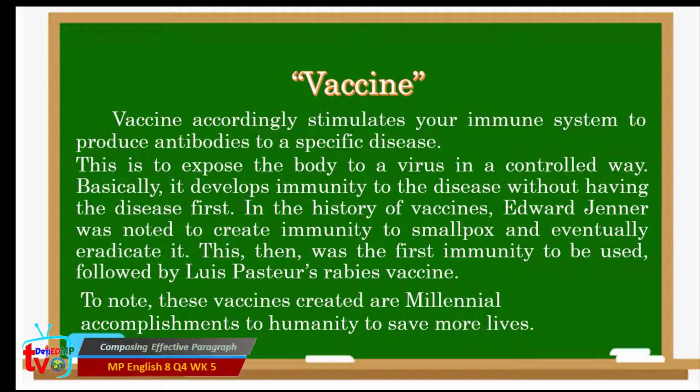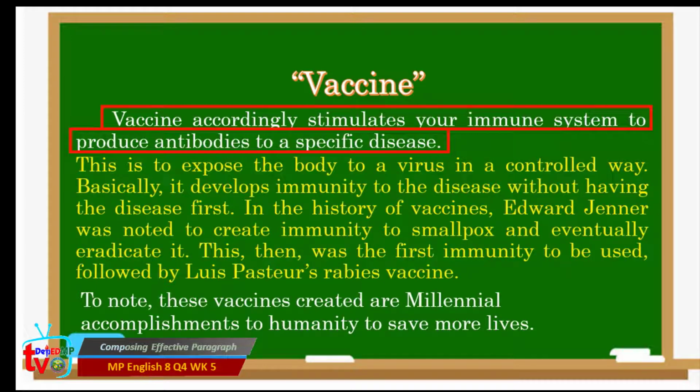The topic sentence is, vaccine accordingly stimulates your immune system to produce antibodies to a specific disease. The supporting sentences are, this is to expose the body to a virus in a controlled way. Basically, it develops immunity to the disease without having the disease first.